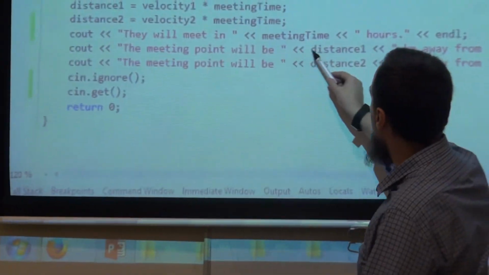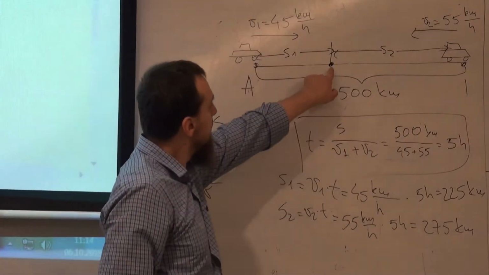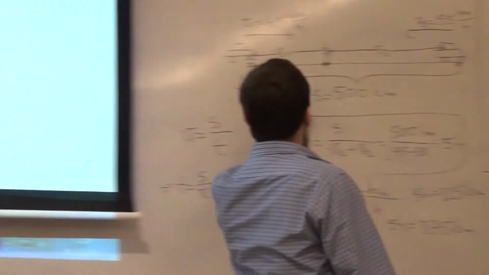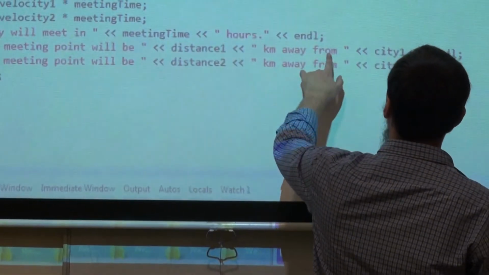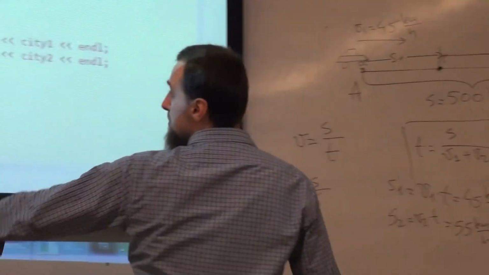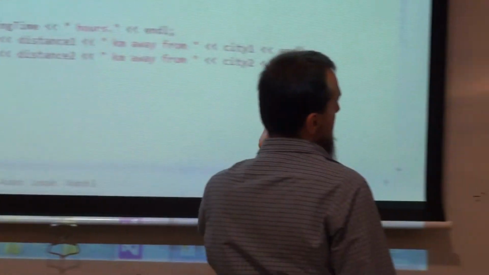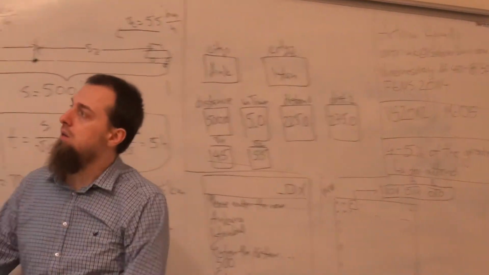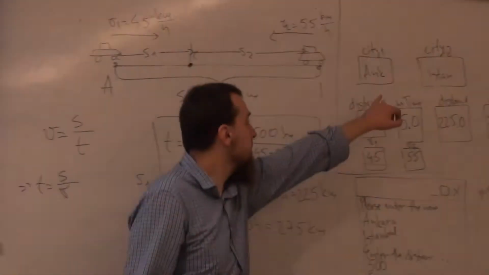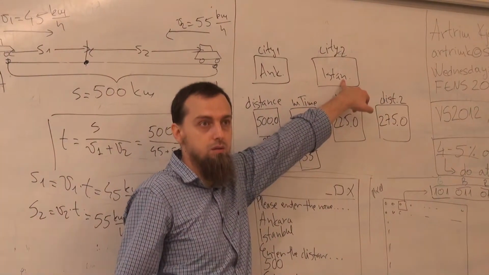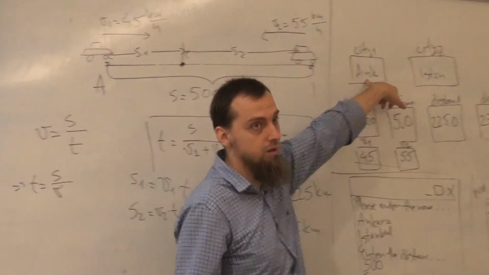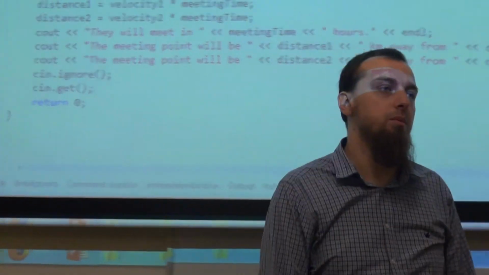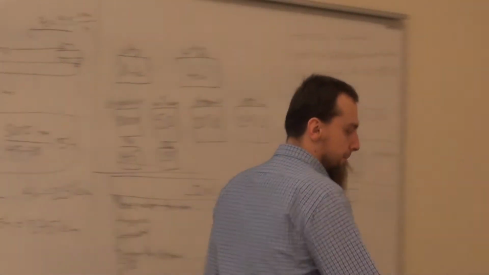The meeting point will be distance 1, 225 kilometers from point 1, from Ankara, and distance 2, 275 kilometers from city 2, and city 2 is Istanbul. City 1 is Ankara. Those are the values that we gave it. Now this is it. The program terminates. Let's say it again.